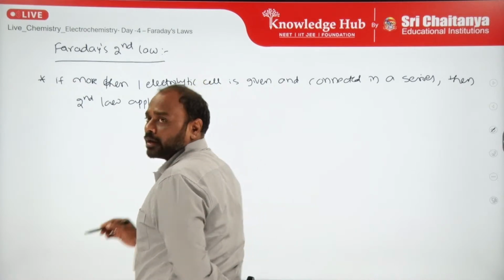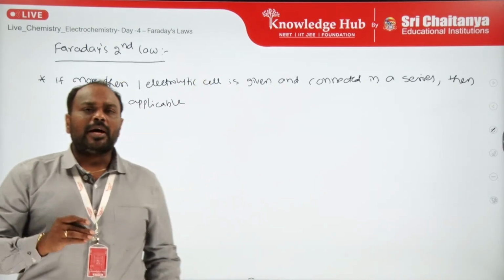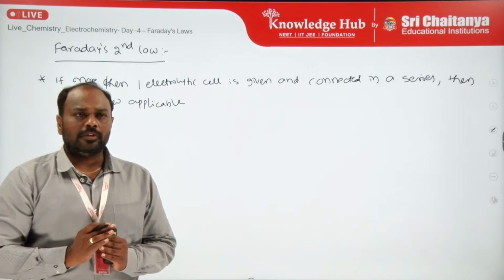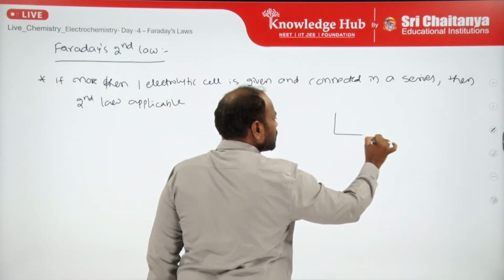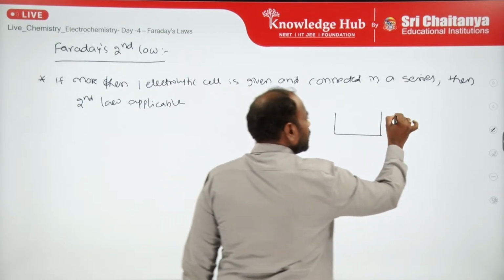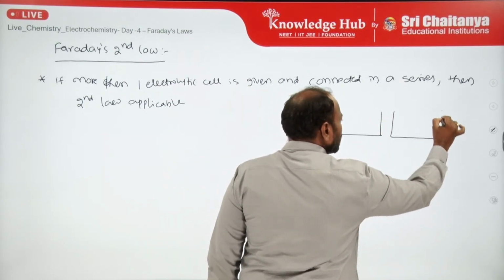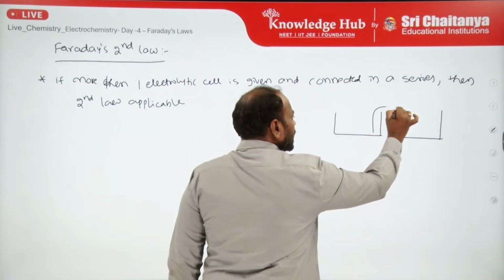And one more thing, from each electrolytic cell we are passing the same quantity of current. So according to the second law, suppose you take the electrolytic cells, this is the first electrolytic cell and this is the second electrolytic cell, both connected in series.